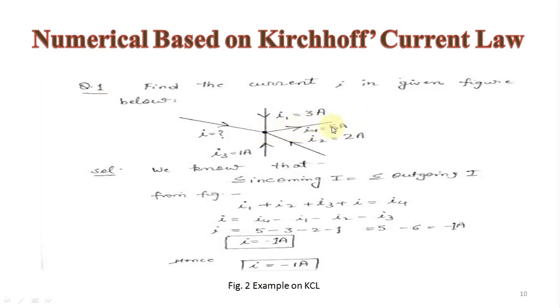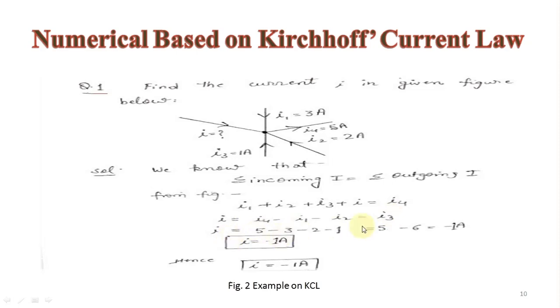We want to find the value of current I, so I is equal to I4 minus I1 minus I2 minus I3. By putting the values of these currents into this equation, we find the value of current I.